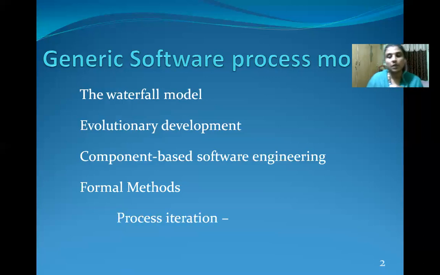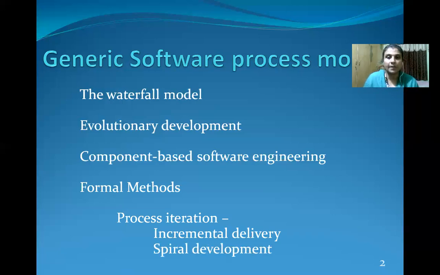Next, we have two more process models, that is incremental and spiral development. Incremental delivery and spiral development come under the category of process iteration. As the name itself says, process iteration means iterating the same phases, that is requirement specification, design, implementation, testing, and maintenance, which are repeatedly used to develop the software product.